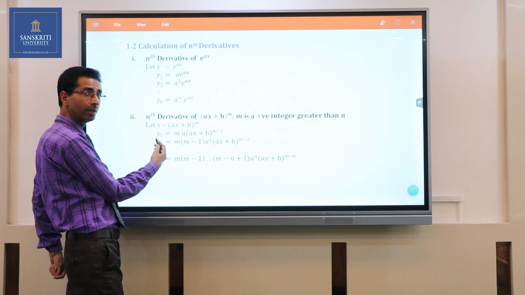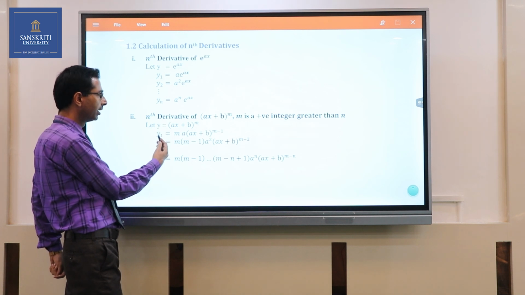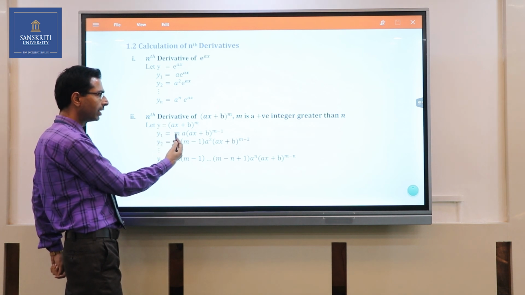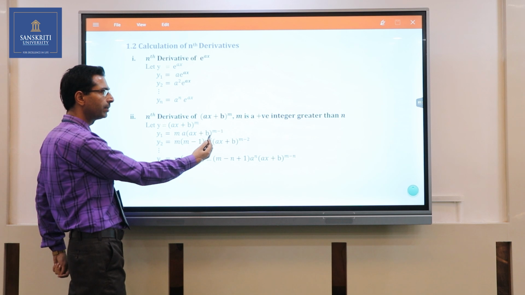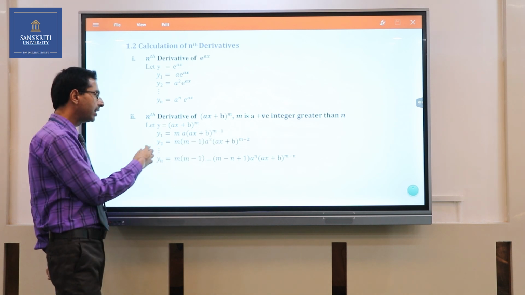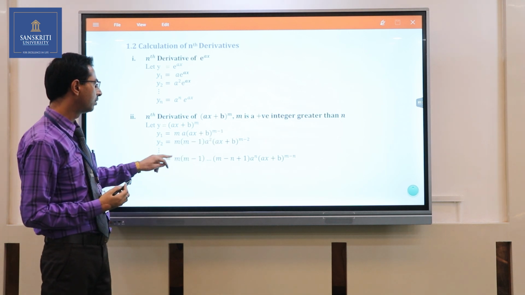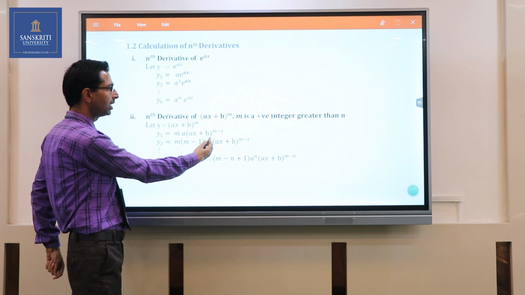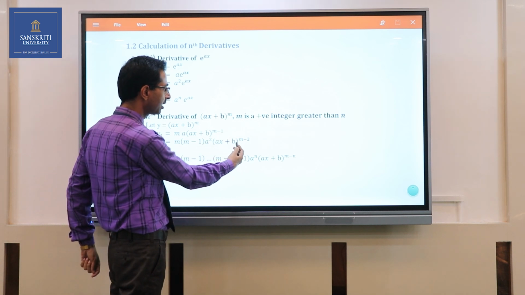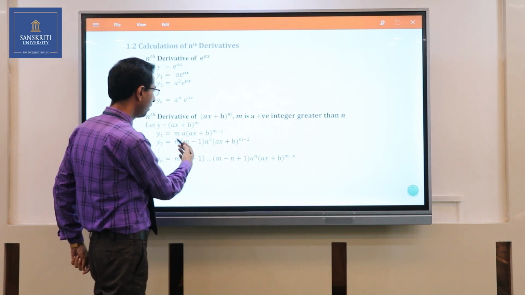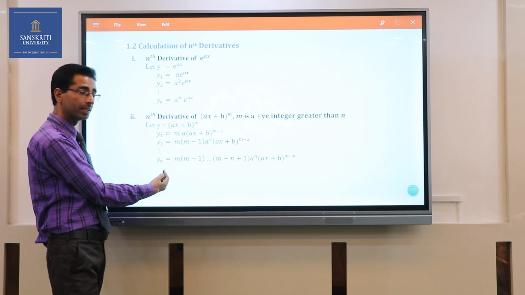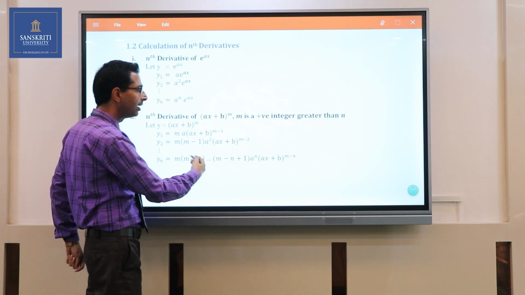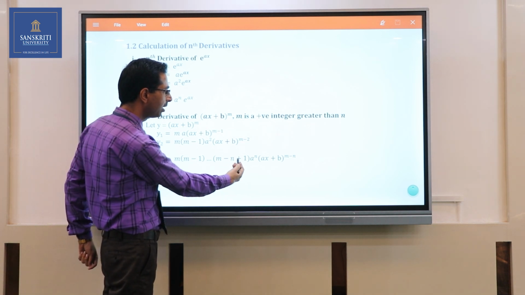So the first derivative y1 is equal to m a ax plus b to the power m minus 1. And the second derivative y2 is equal to m into m minus 1 a square ax plus b to the power m minus 2. Similarly the nth derivative has factors m, m minus 1, and the last factor is m minus n plus 1.